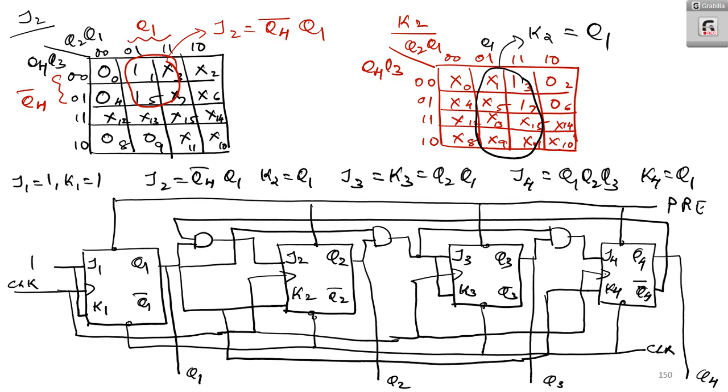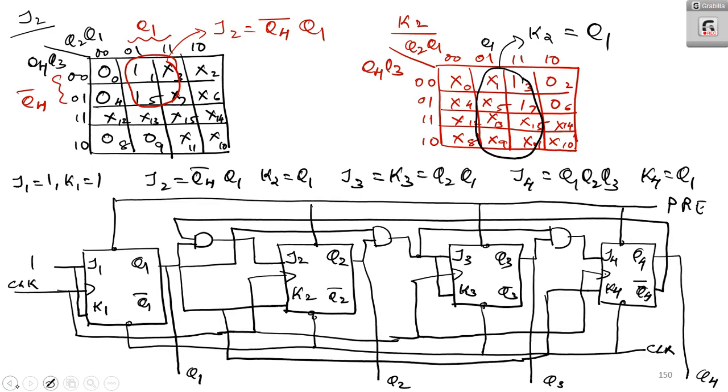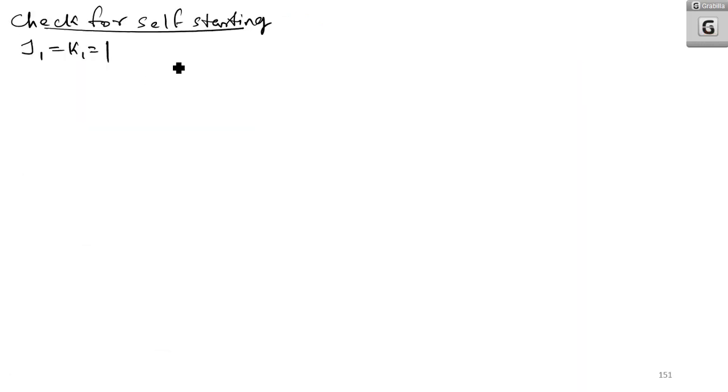Now this is part 1, so part 1 is over. Now you need to check for self-starting. Before that, let me write this out. J1 is equal to K1 is equal to 1. J2 is equal to Q4 bar Q1. K2 is equal to Q1.